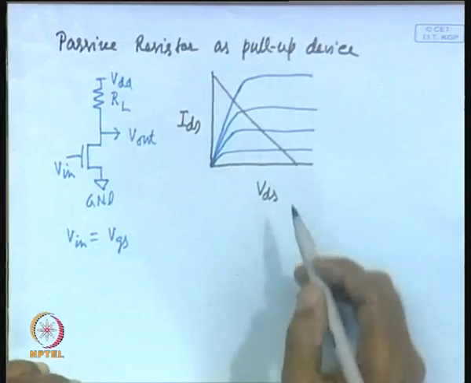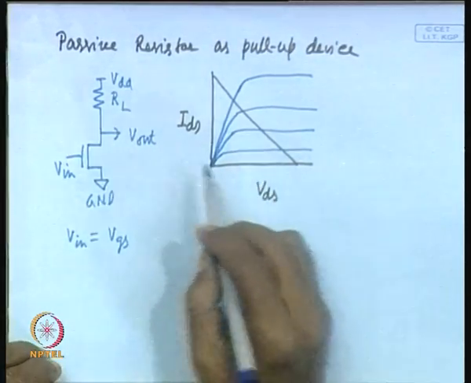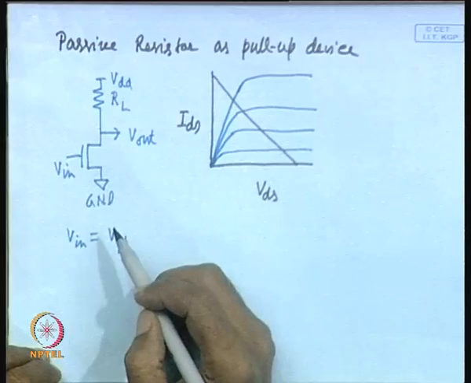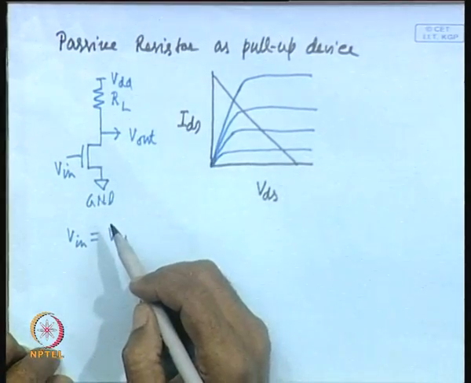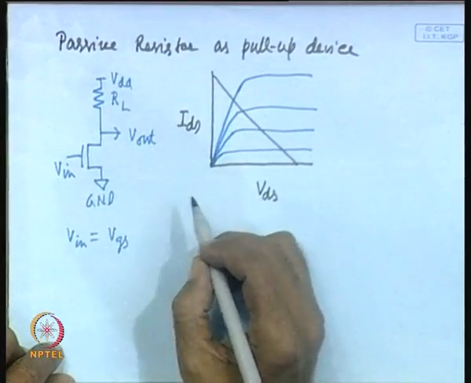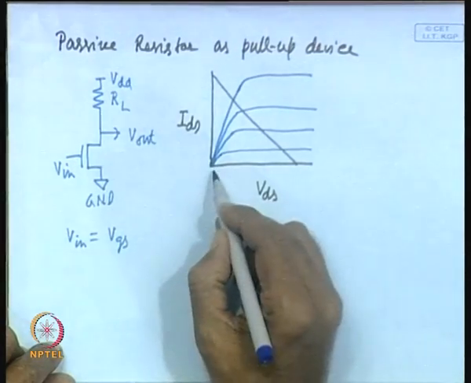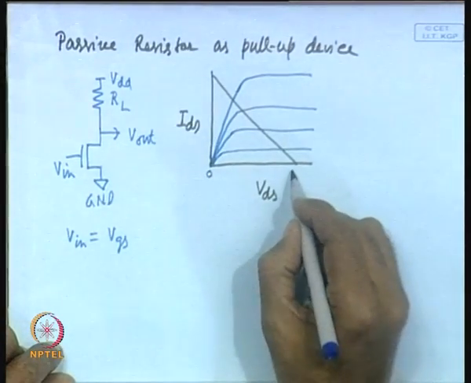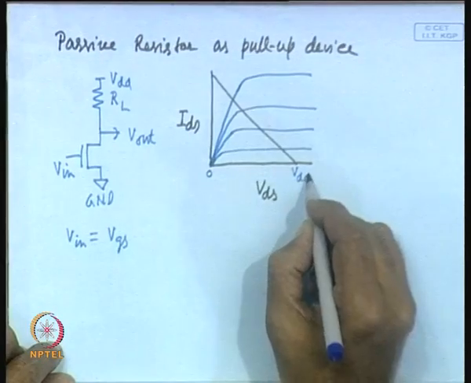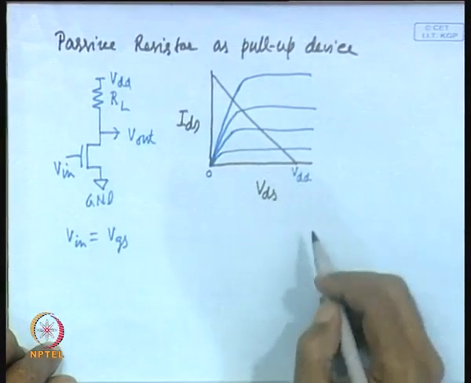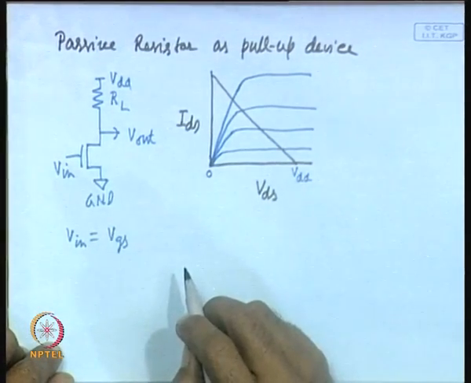Now the operation of the device can be characterized. You can see the input will change from 0 to VDD. As the input is changed from 0 to VDD, how does the output change?